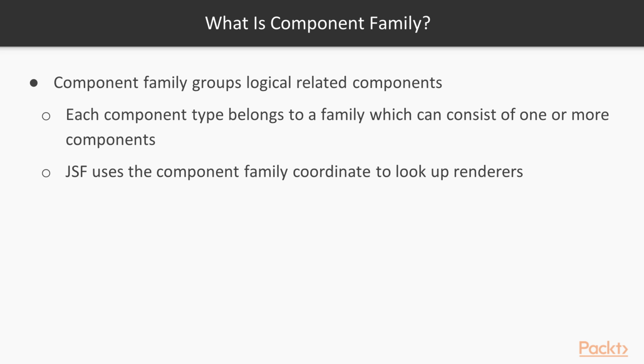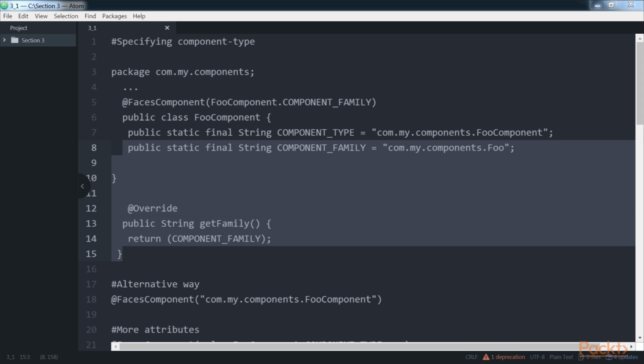Java Server Faces uses the component family coordinate to look up renderers. This way, Java Server Faces allows us to reuse a renderer for multiple component types that belong to the same component family. Usually, the component family coordinate is specified as below.